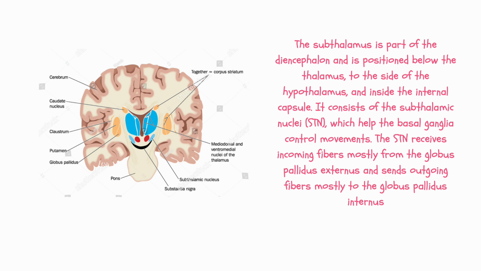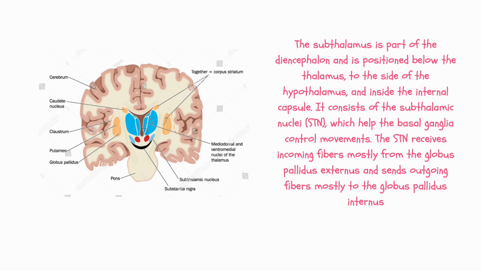Then there is the subthalamus, a part of the diencephalon located ventral to the thalamus, lateral to the hypothalamus, and medial to the internal capsule. If you are having trouble with understanding what is ventral, what is lateral, what is medial, I will advise you to go back and watch the video by Bhumika Esanan, and she has explained all anatomical positions very nicely, so it will be easier for you to understand that.